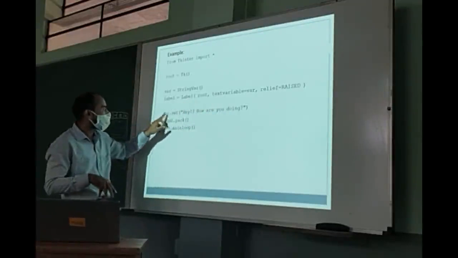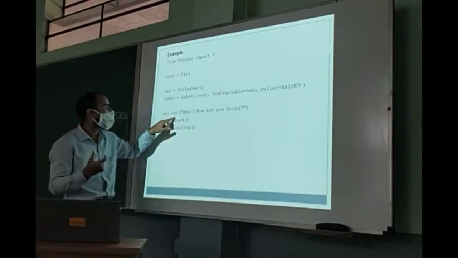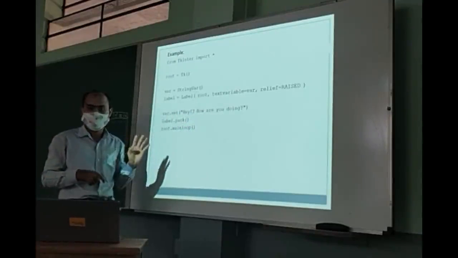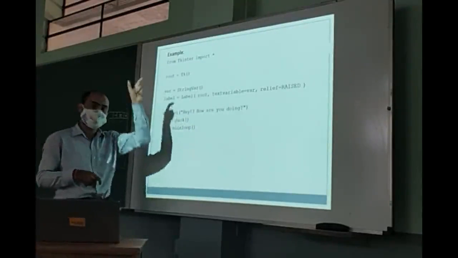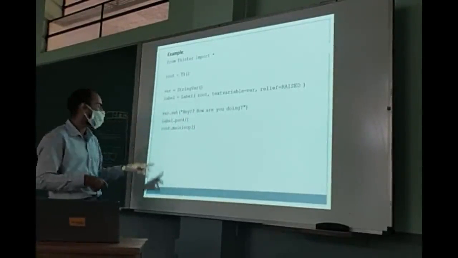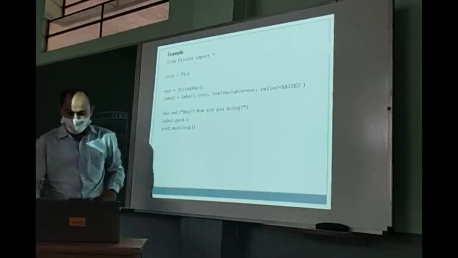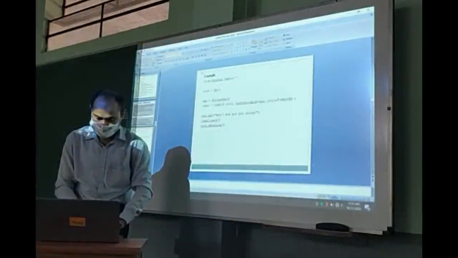So var.set is the method to set the text, and any text you want to display, you can display on the label. Then label.pack, and the label itself will display on the parent. Lastly, main loop. Okay, so let me execute this as well.